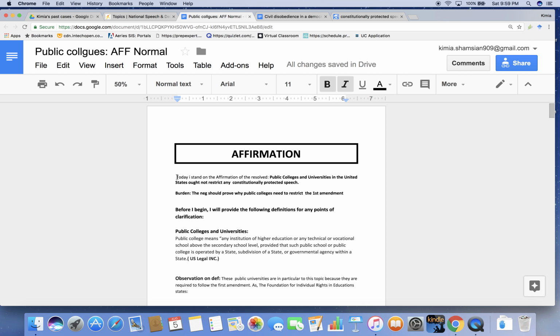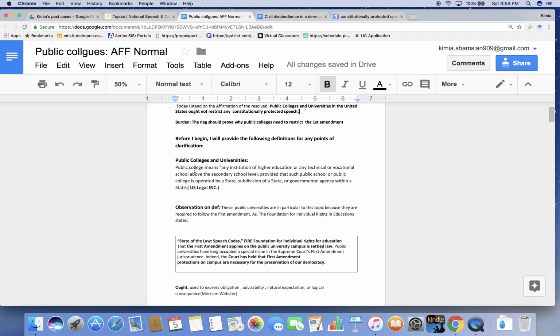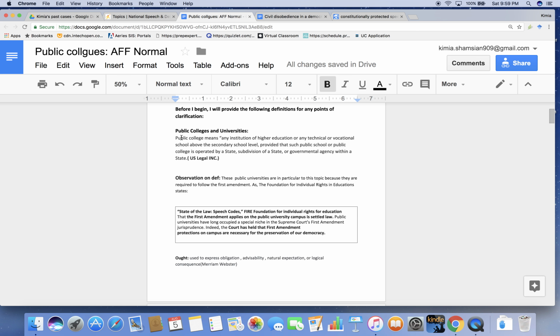For example, we want to make sure that this is the resolution. We don't want to say that "resolved" is in the resolution or "of the" is in the resolution. We want to make sure that specific words are in a specific category. For example, we bold this because this is the resolution, and we don't want to confuse any of our opponents or the judge. We also highlight headlines.